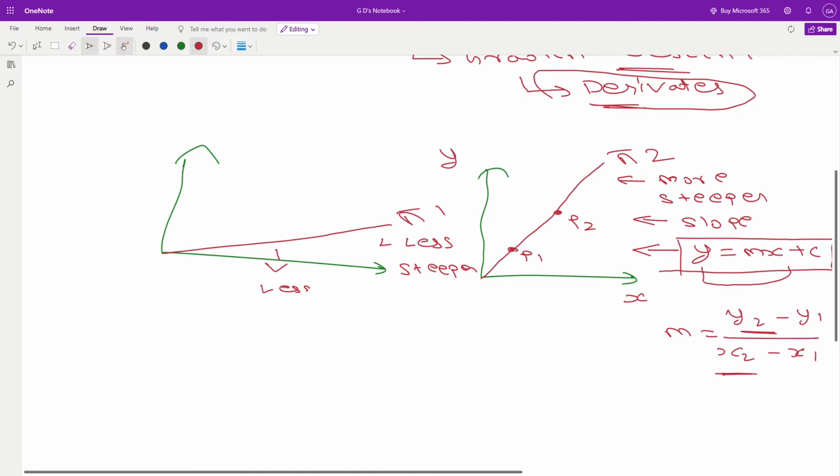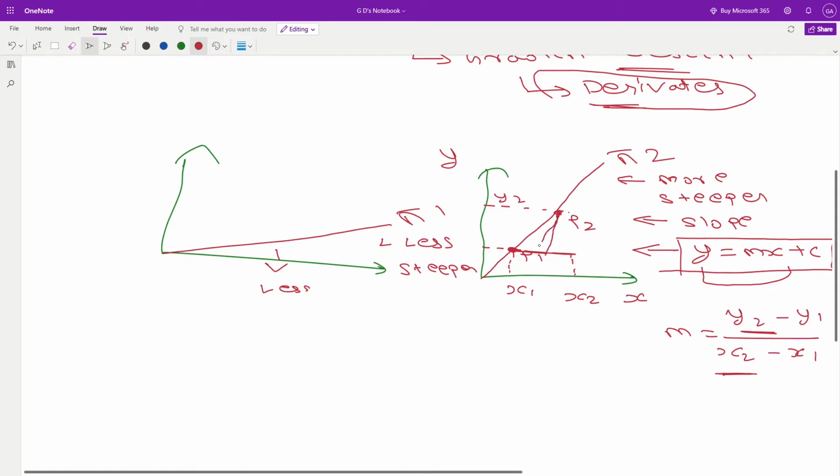For example, here, if I take these 2 points and make this x1 and this x2, the respective points will become y2 and y1. So I can draw a small right angle triangle here, something like this.